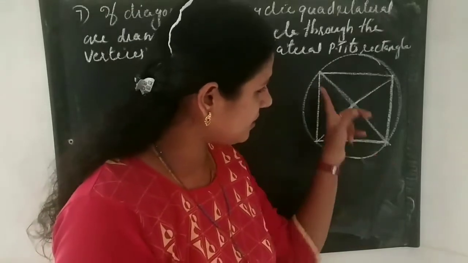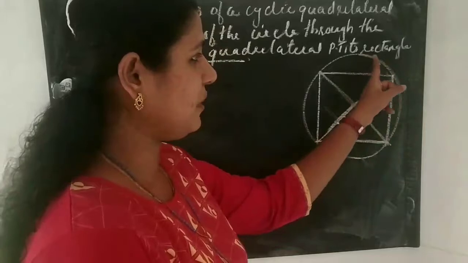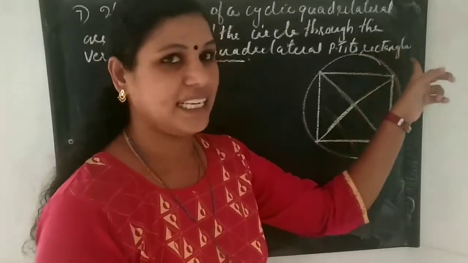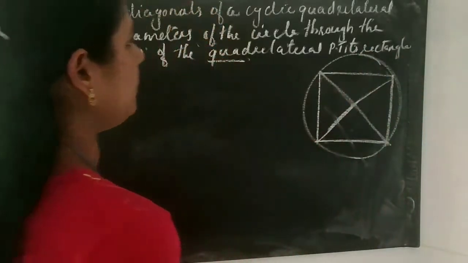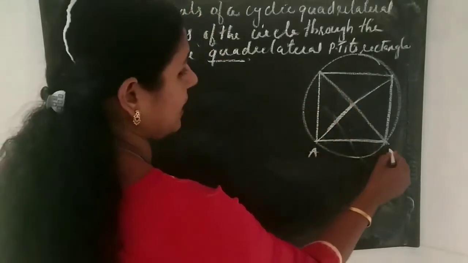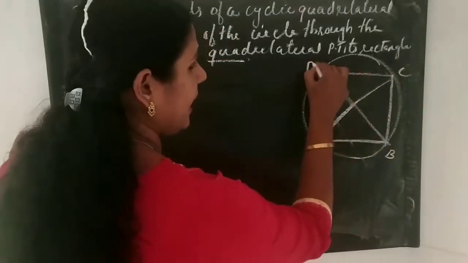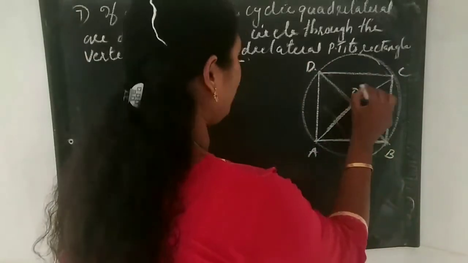It's a rectangle. So you just draw it as rectangle. Okay. So see children, next we have to name this A, B, C, D as usual. A, B, C, D. Okay, and it is O.